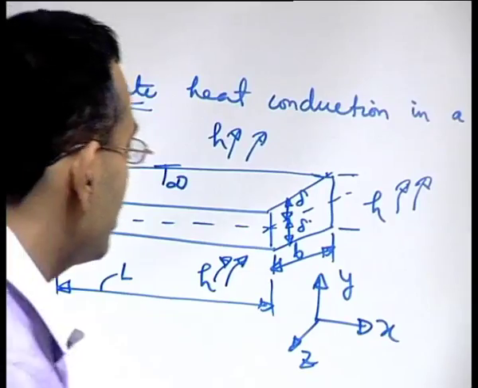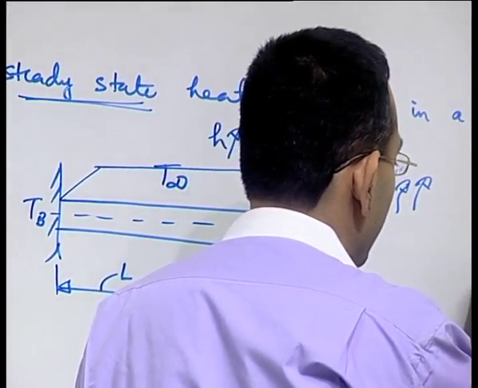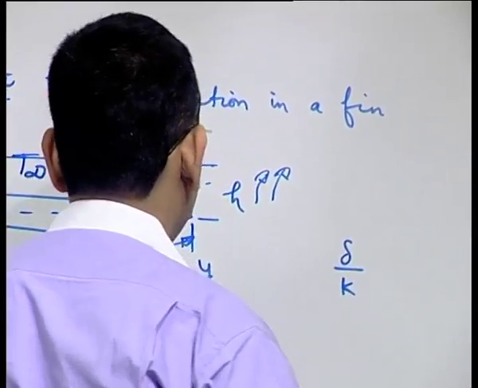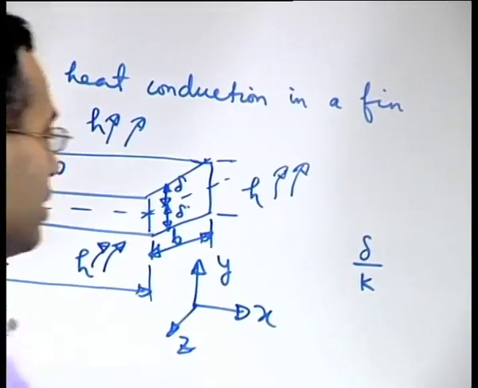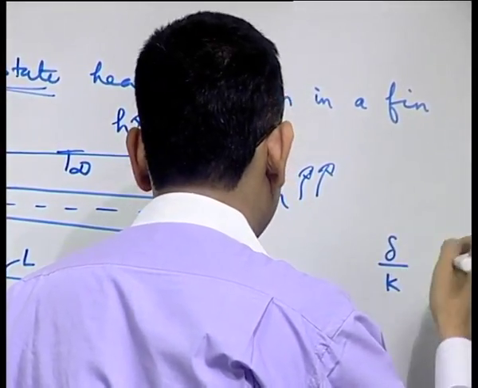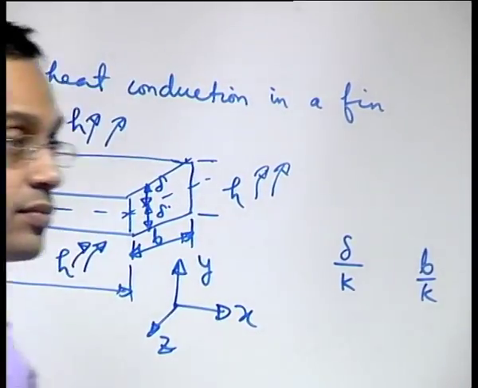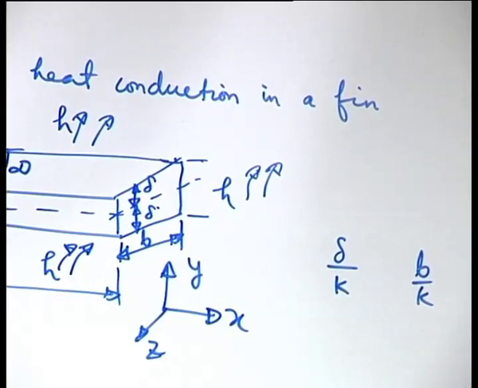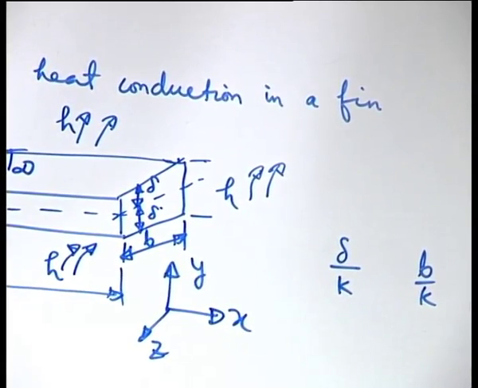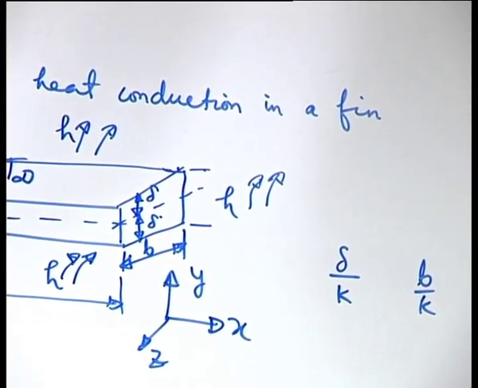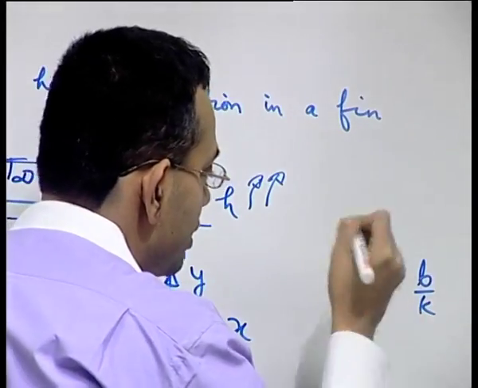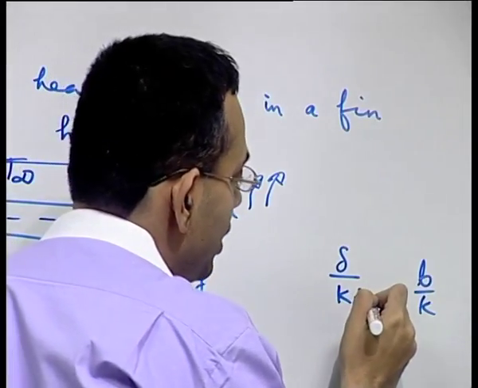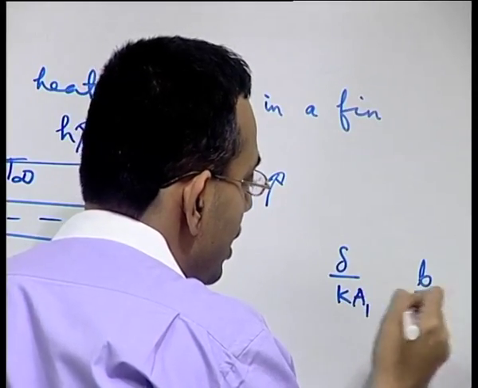So the thermal resistance in one case is delta by k, just like L by kA, of course in terms of reduced units, in another case it is B by k. Here the area is area of L by kA, remember. So, area corresponding to the heat flow here is say A1 and here it is A2.